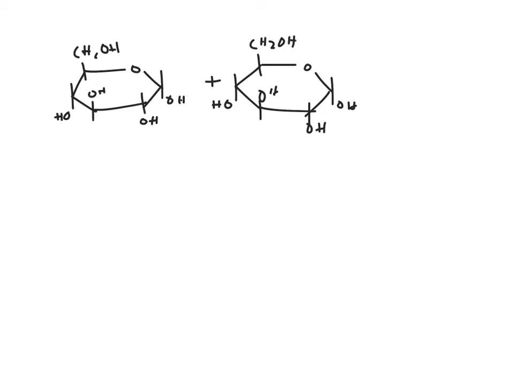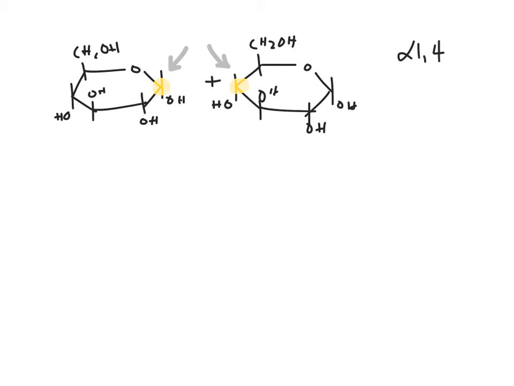And remember when I said we did alpha 1,4 bonding, alpha 1,4 linked? We'll take a look at your carbon here. That carbon there is 4, and the carbon here is 1. So this carbon, carbon 1, is going to link with carbon 4.